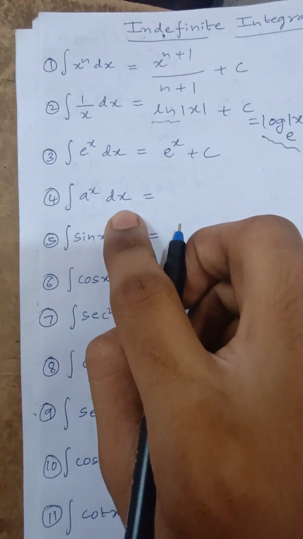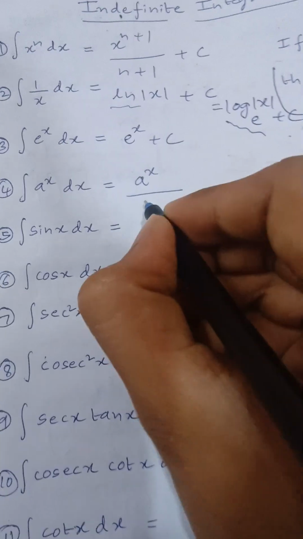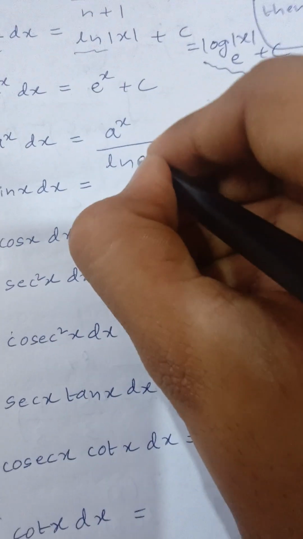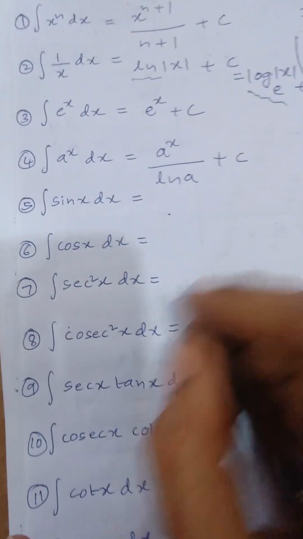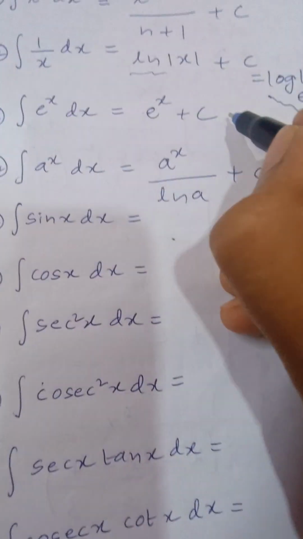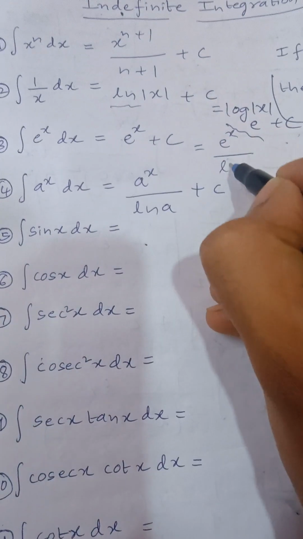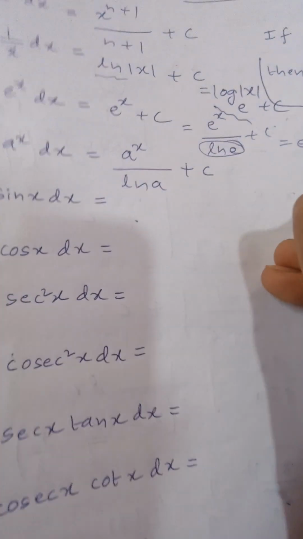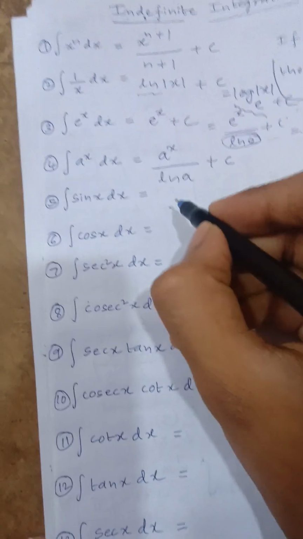Integration of a power x dx is a power x by ln a plus c, the actual formula. Here we can also apply this: e power x by ln e plus c. As ln e is 1, we get e power x plus c. So this is how the formula came.